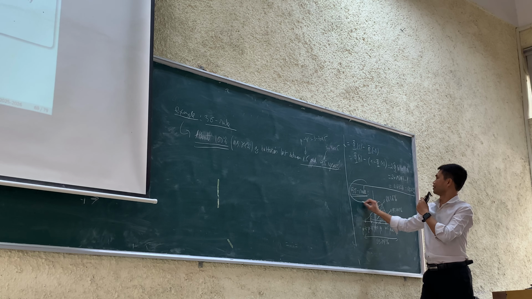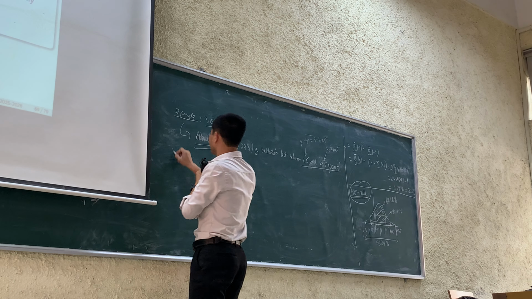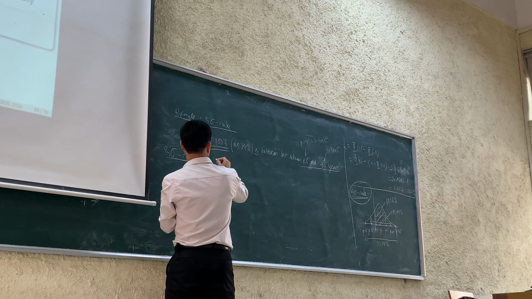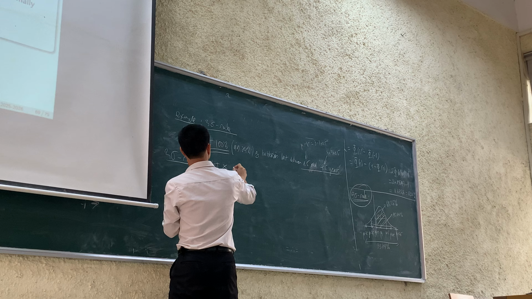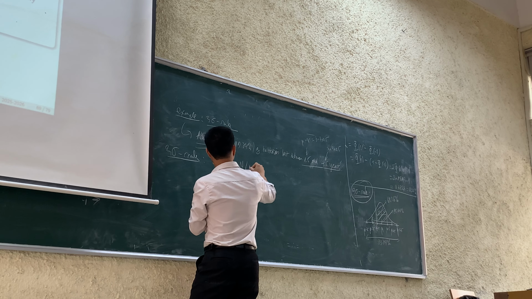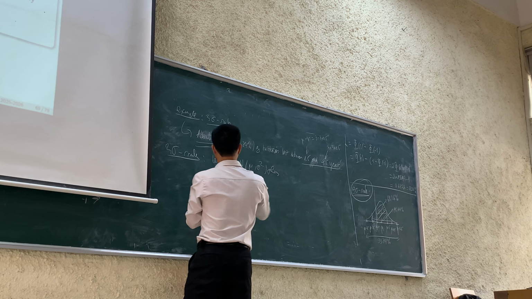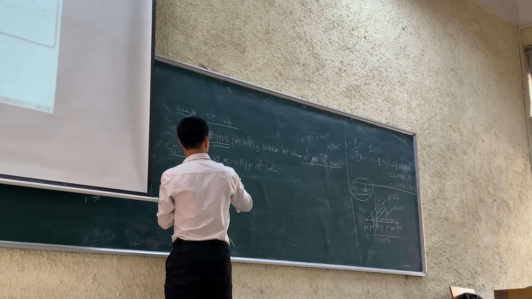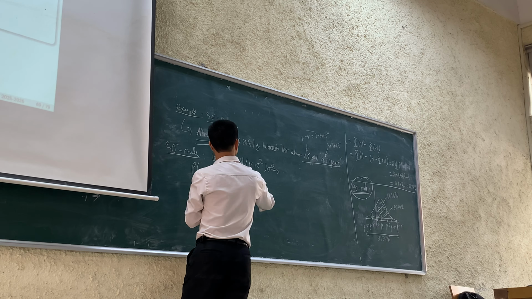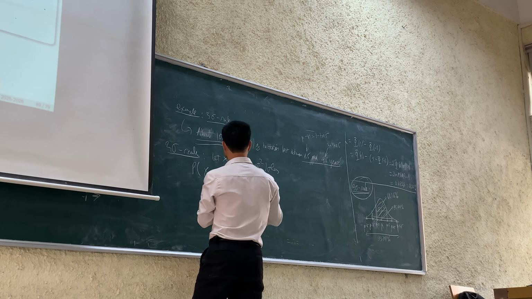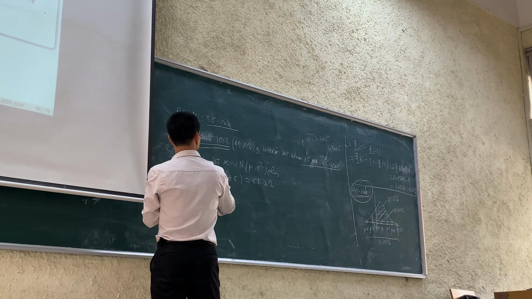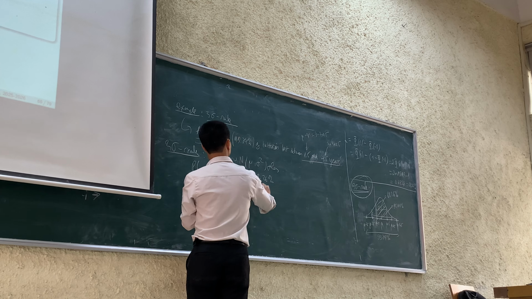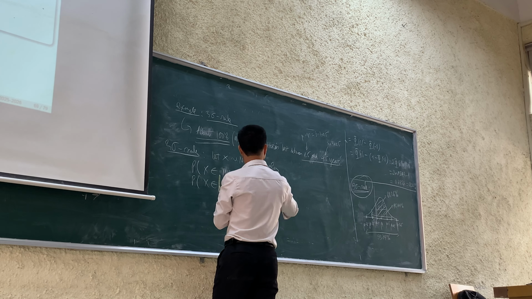So we state the 3 sigma rule. What is the 3 sigma rule? The 3 sigma rule states that if X is normally distributed with mean mu and variance sigma squared, then the probability that X is between mu plus or minus sigma is 68.26%. P(X between mu plus or minus 2 sigma) is about 95.44%.